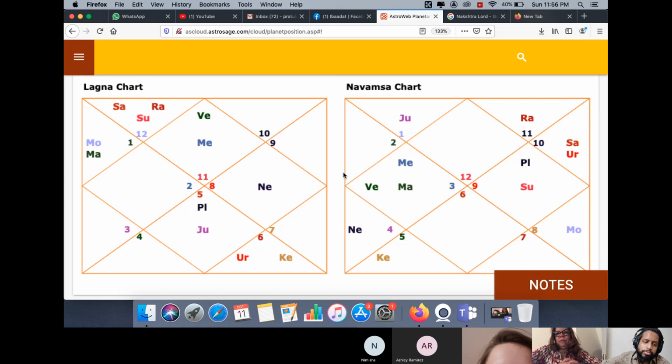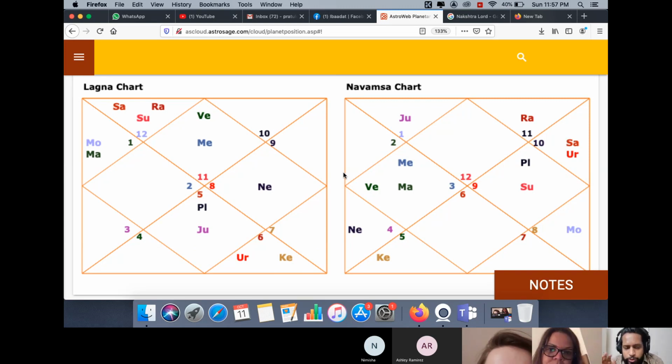No, car or home comes under fourth house. Oh yeah, fourth house. So it's in the sign of Pisces. Tell me, what does Pisces represent?